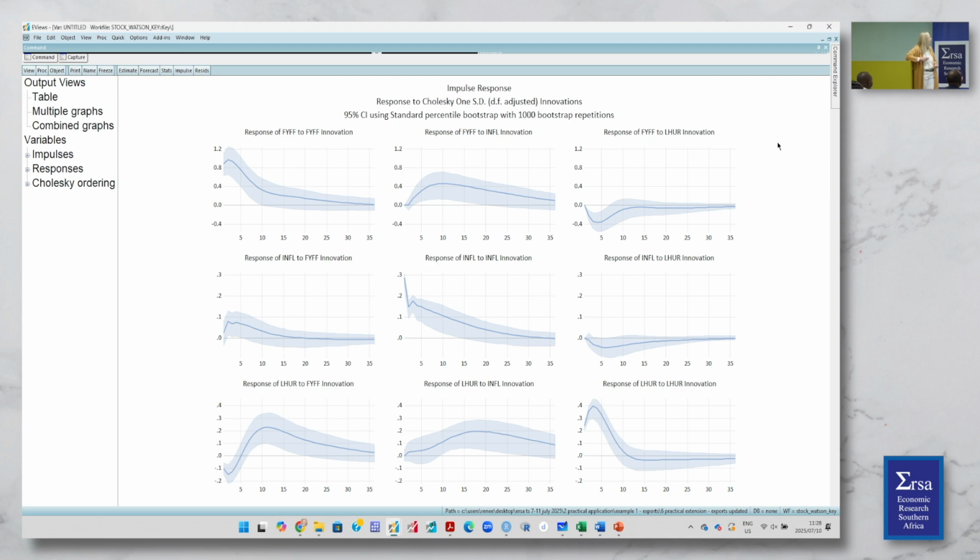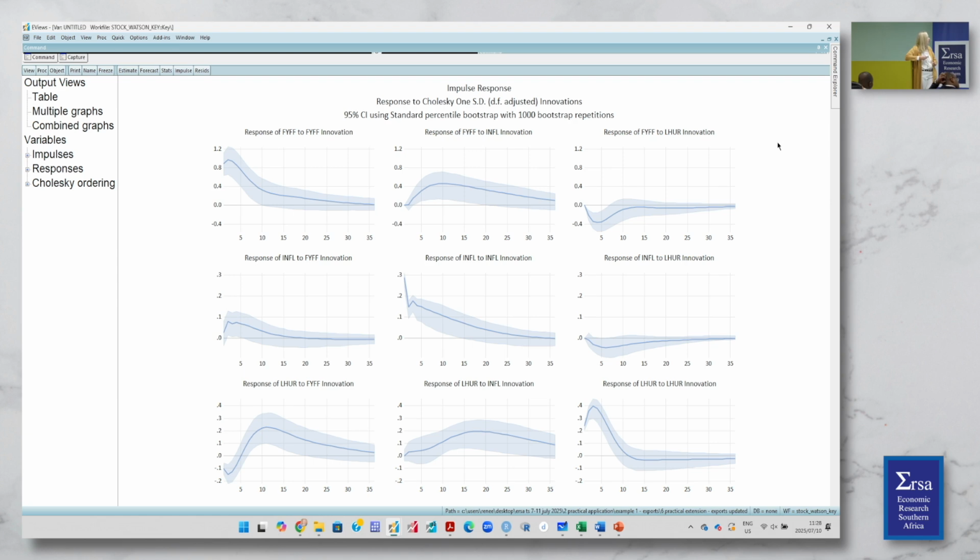Otherwise, you can just read it from here, but I find it difficult for the eye, with a 9 by 9, to search for the one where I can see what happens to unemployment if the federal fund rate is increased.